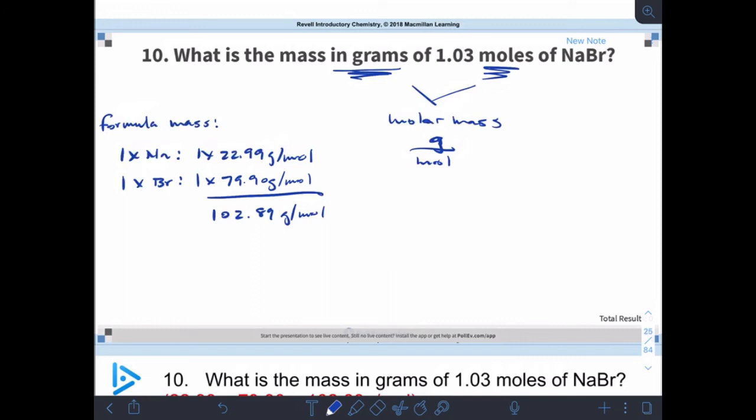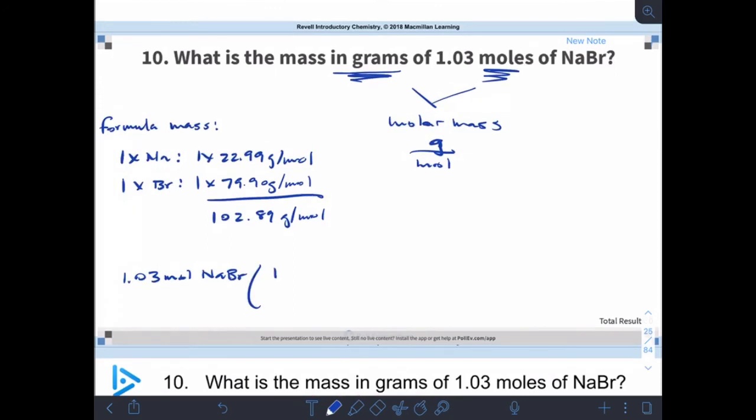So I'm going to start with my moles, and I'm going to put moles on the bottom of my conversion. So 102.89 goes with grams, for every mole of sodium bromide.